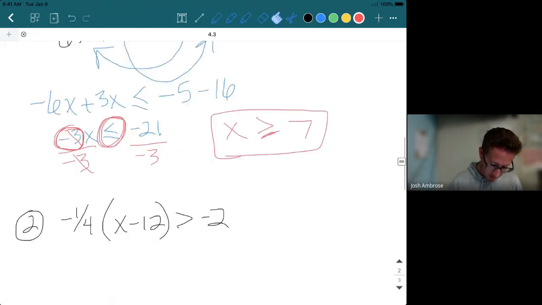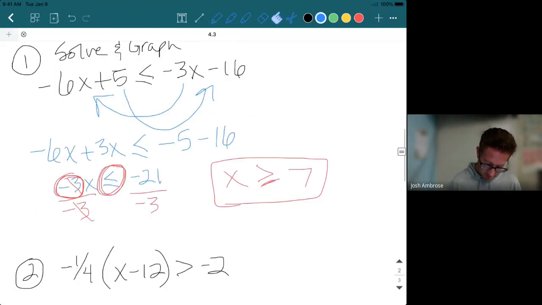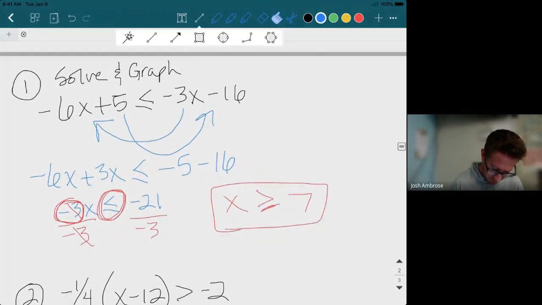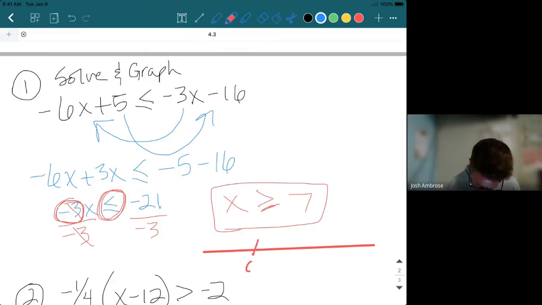Let's take a look now at example 2. Again, graph. We're going to solve it first, though. Oh, you know what? I didn't graph this one. Sorry about that. Let's go back up real quick. If we want to graph it, we can fit a number line in right there. Don't forget, let's put 0 and put our arrows.